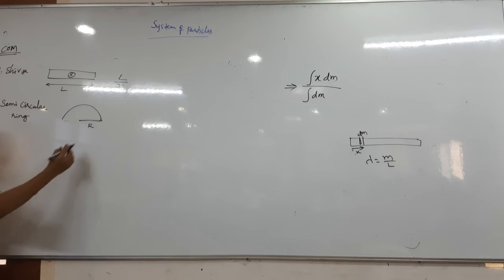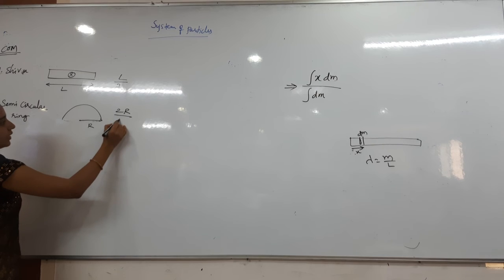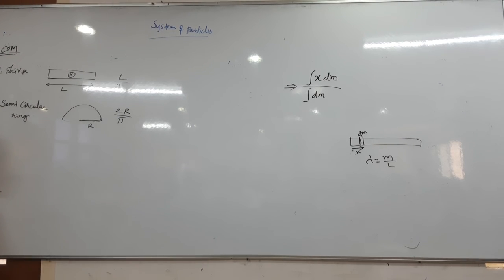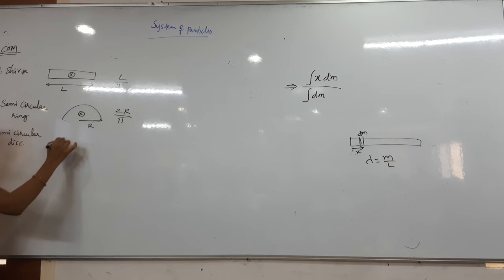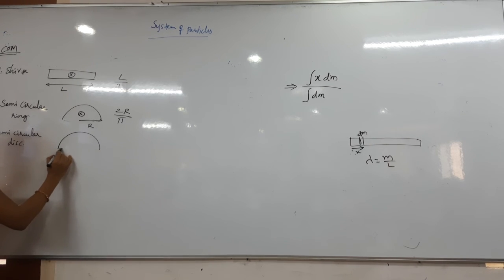Nothing but it will be at exactly 2r/pi. Whenever you consider from here, it will be at 2r/pi height. Then next one is the semicircular disc. First of all, write all the bodies, then after that I will tell you the center of mass values.